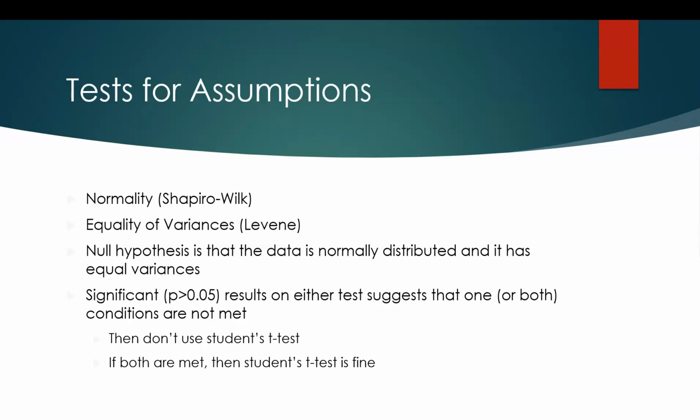So the normality test and the equality of variance, if both of those come back with p-values greater than 0.05, then we're good to go with the student's t-test. We don't have to worry about normality or equality of variance. But if either one or both of them come back with a p-value less than 0.05, we have to abandon the assumption of normality or the assumption of equality of variance, or both, and use the alternate test that's available to us other than the student's t-test.